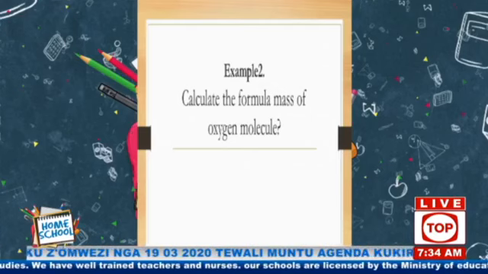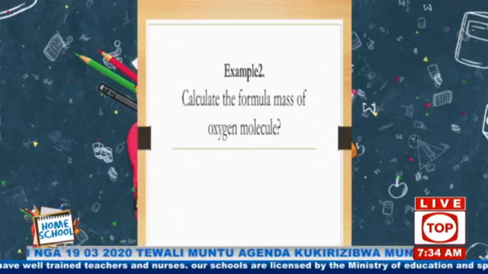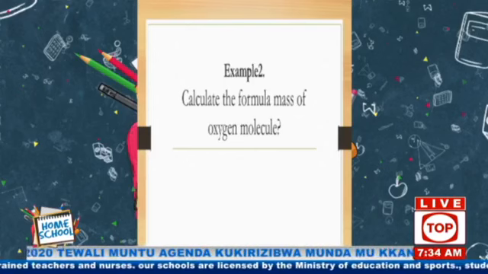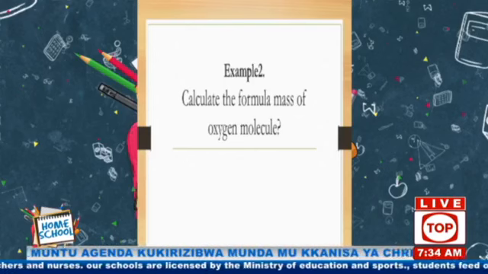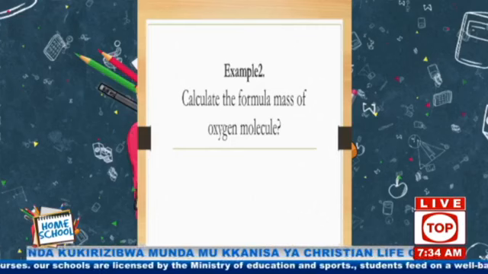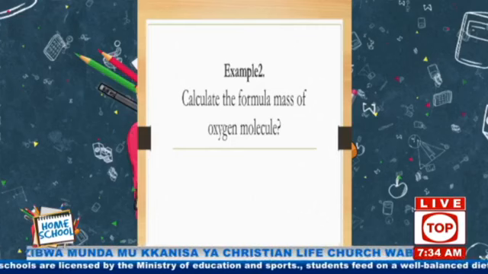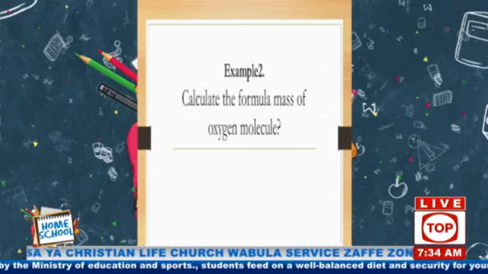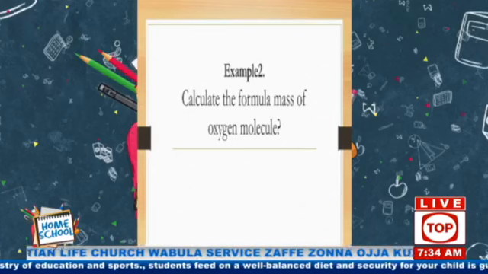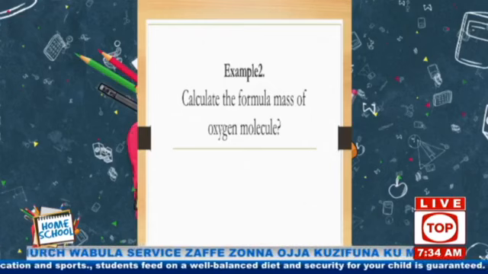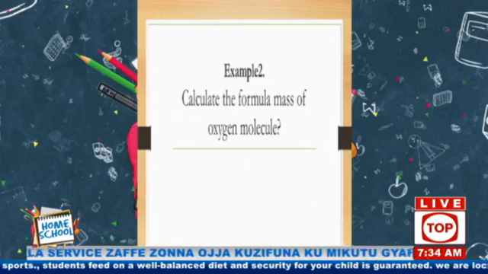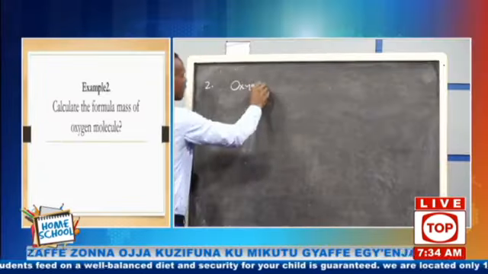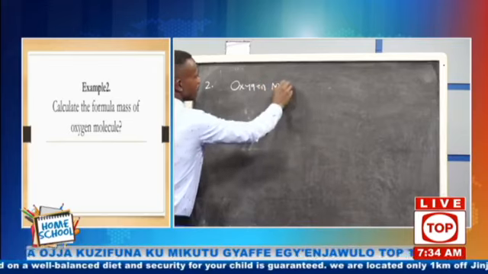That is our example 2. It is saying calculate the formula mass of oxygen molecule. I've just seen water, now we are going to the oxygen molecule. When you attempt this number, you first identify what has been asked. They want the oxygen molecule.